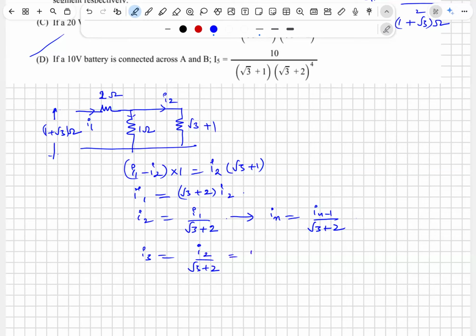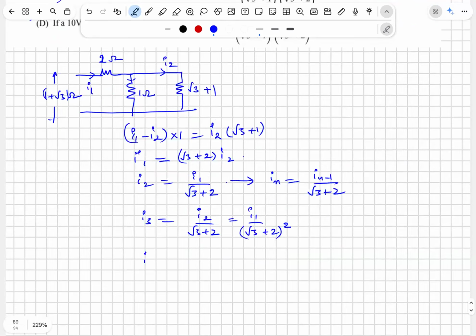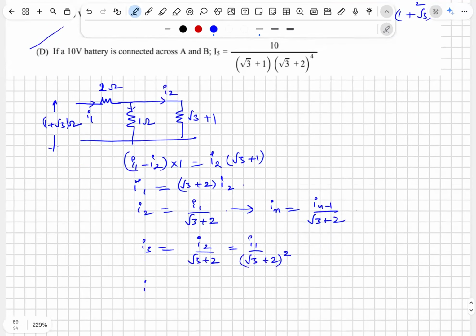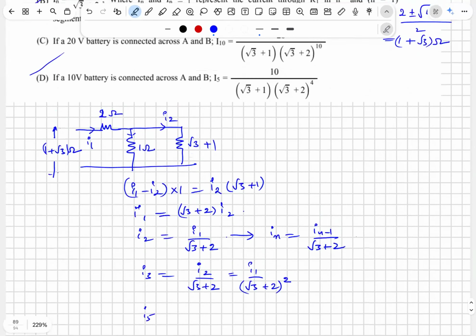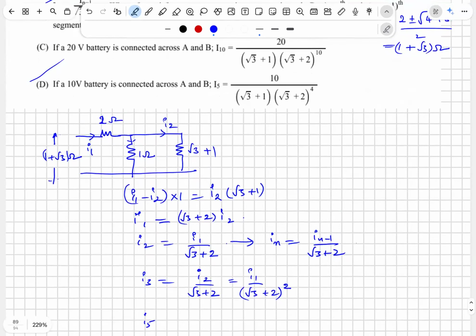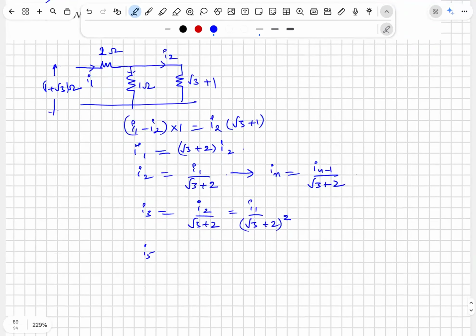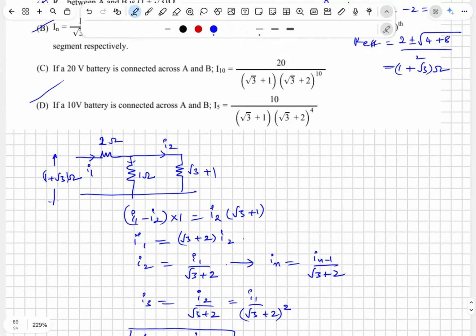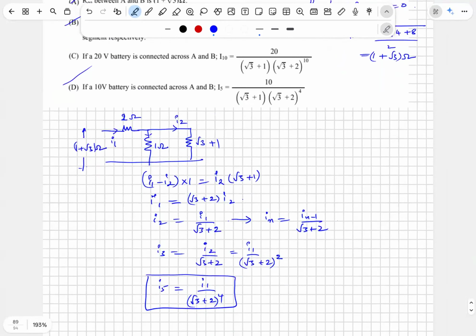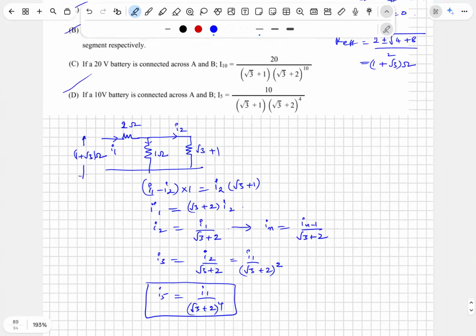Which can be written as I1 by (root 3 plus 2) whole square. So therefore you want I5. I5 is I1 by (root 3 plus 2) whole to the power of 4.